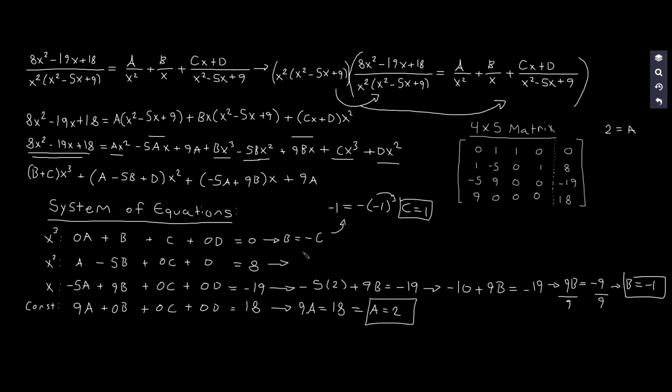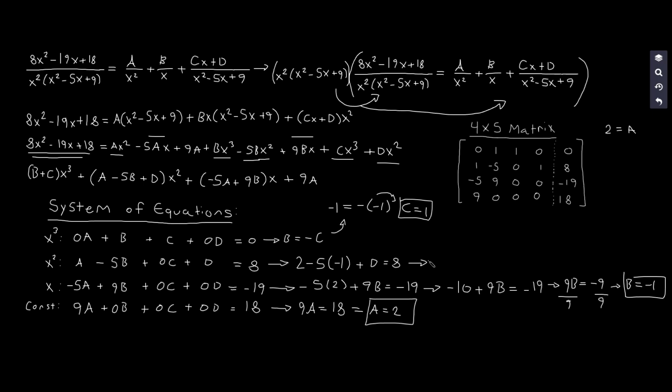A equals 2, minus 5 times B, which is negative 1, plus 0c plus d, which we don't know what that is yet, equals 8.